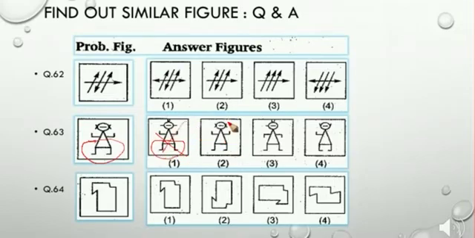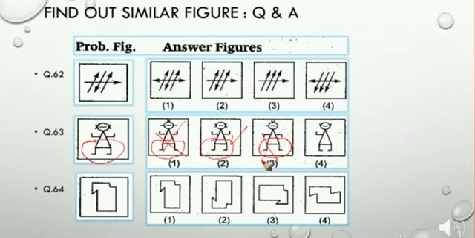Let's check for option 2. In option 2, yeah, this is matching with this portion, at least this portion is matching with the given problem figure. Let's check for the next option. In option 3 this is not matching because this one side on the left is correct, the other side is pointing on the right hand side, it should be on the left hand side itself.